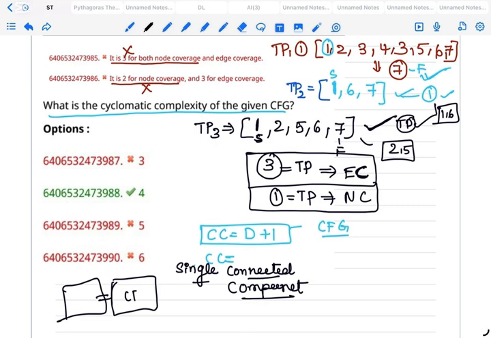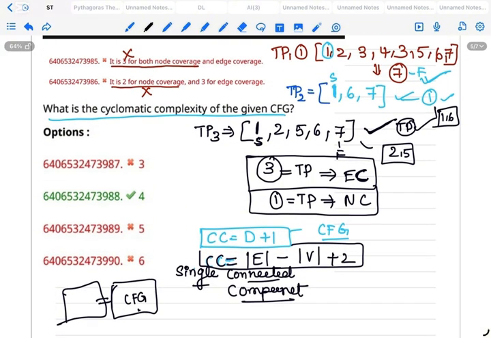In this case the control flow graph is in a single connected component. The cyclomatic complexity CC equals the number of edges, E, minus the number of vertices, V, plus 2. You can use any one and you will get the answer.